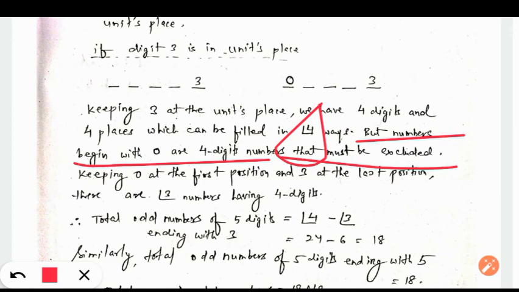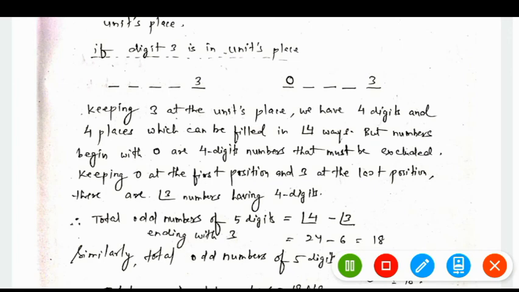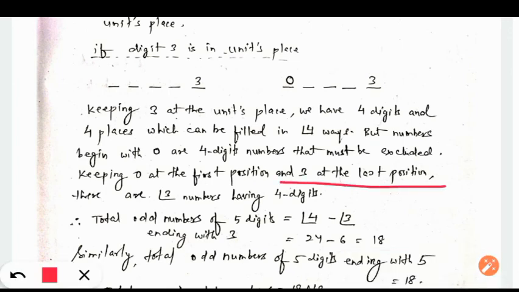So what we are required to do is keep 0 at the first position and 3 at the last position, because we are finding odd numbers. Keeping 0 at the first position and 3 at the last, there are 3 factorial numbers having 4 digits, since 3 digits are left for 3 places.